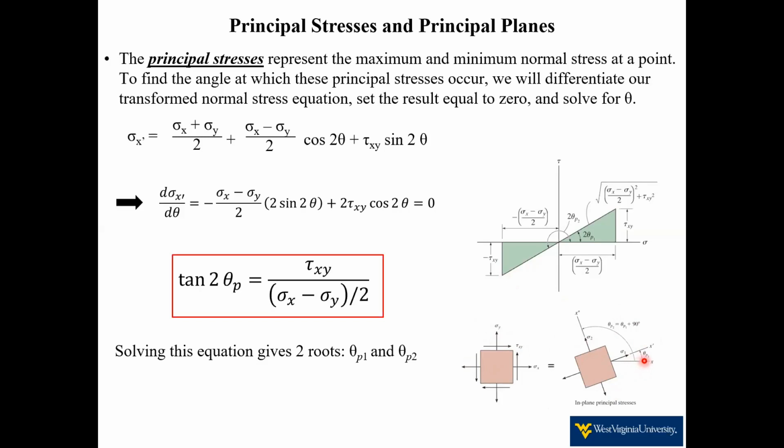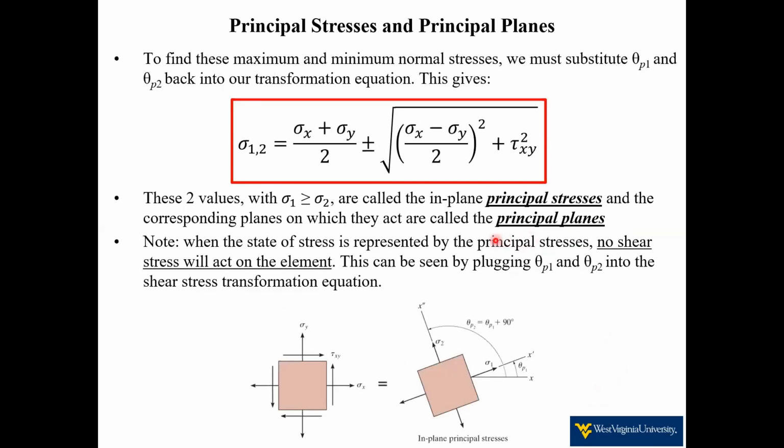The angle from x to x prime is that theta p1 that we saw from here, and then the angle from x to y prime, where it's labeled x double prime here, is going to be theta p2. All right, so it's the angle from our original axis as our element was set up to our axis coming out of the faces where our principal stresses are acting. So that's how you find the angles at which the principal stresses occur, just from this equation here.